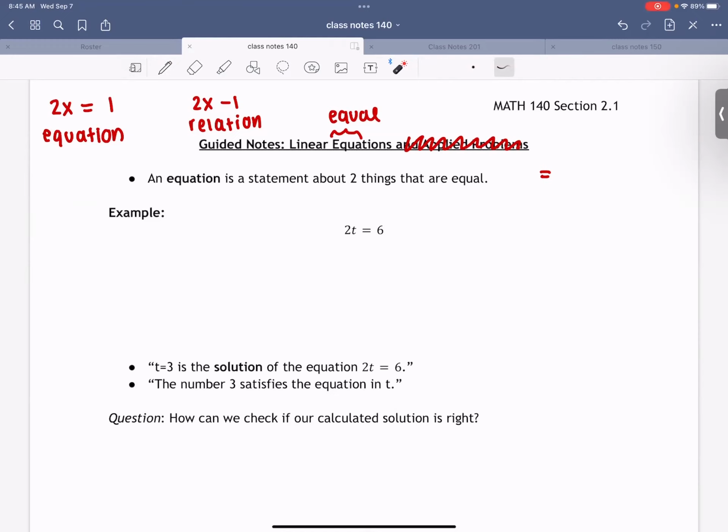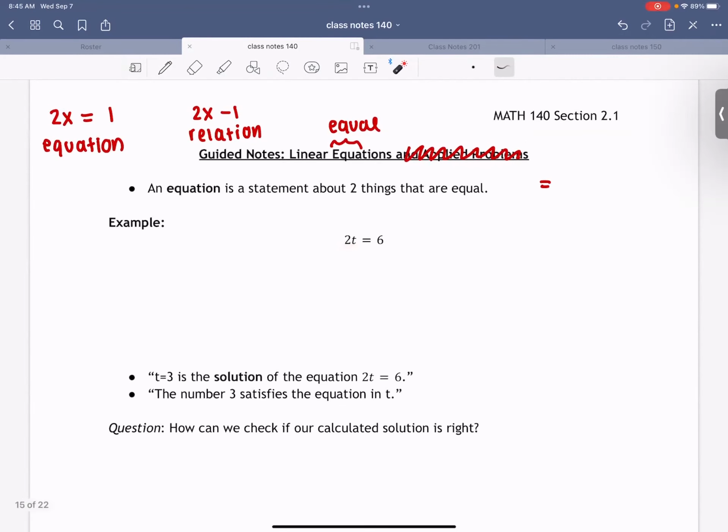Okay, something that I hear a lot is move the 2 over to the right side. That's what I hear a lot of students say. I say that a lot too. I'm trying to encourage everyone to not use that sort of notation because when we deal with an equation, we're always doing something on the left and the right. We're doing the same thing on both sides. So instead of saying move the 2 over, I encourage you to say divide by 2 on both sides.